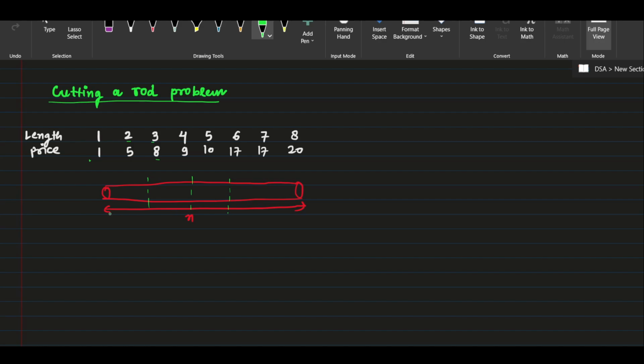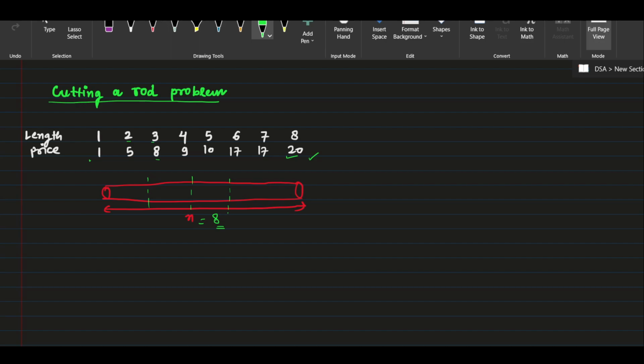For example, in this example the length of the rod is 8. If we do not make a cut in this rod, then the maximum profit that we can get from the rod is 20, because a rod of length 8 is of price 20.